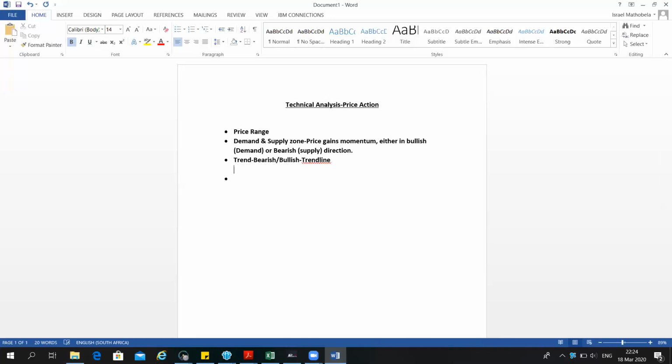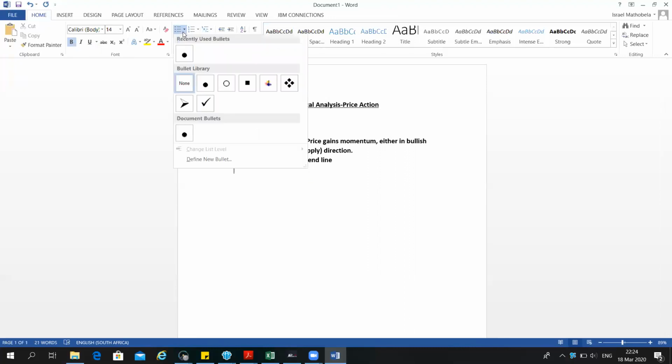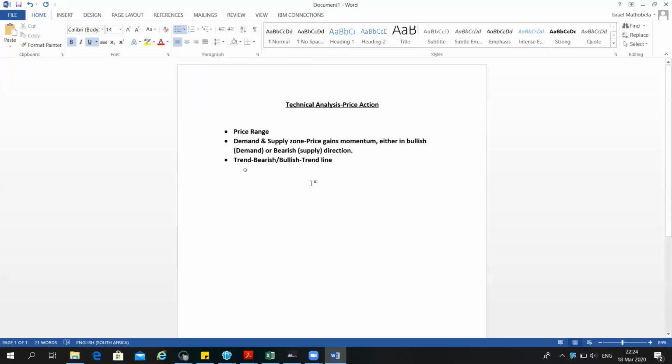The properties of a trend line we will discuss as we move along. We need to also look at the properties of a trend line. So a trend line has a start and an end.